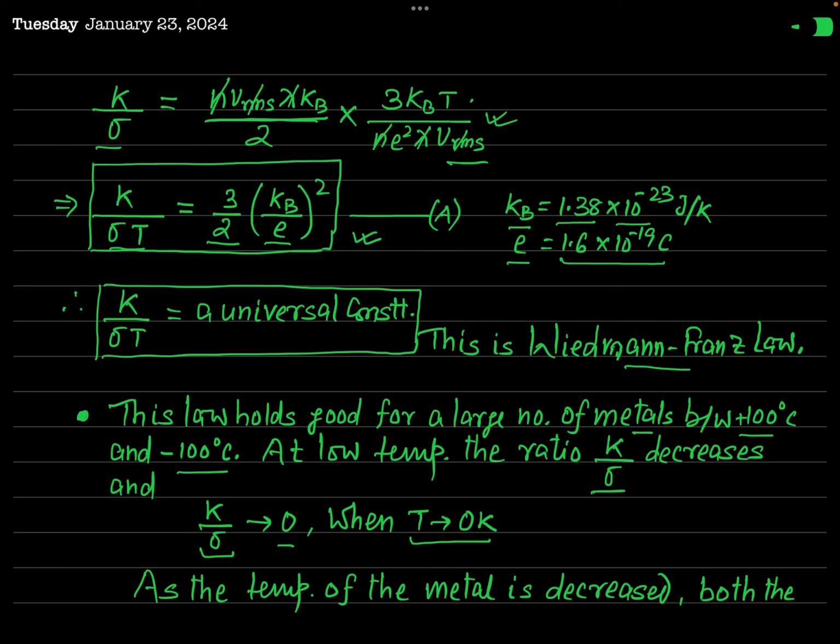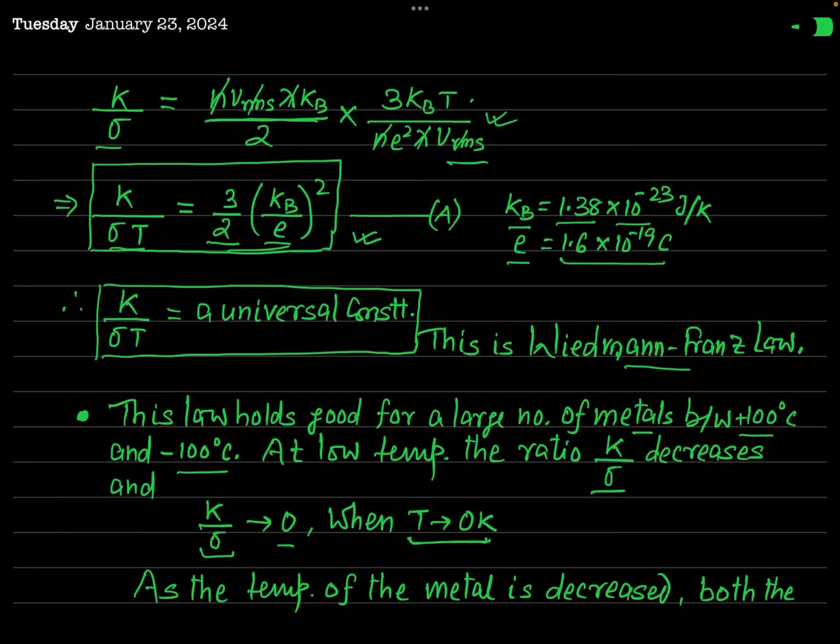It means in the very low temperature region this law does not hold good, because K by sigma does not remain constant like this.